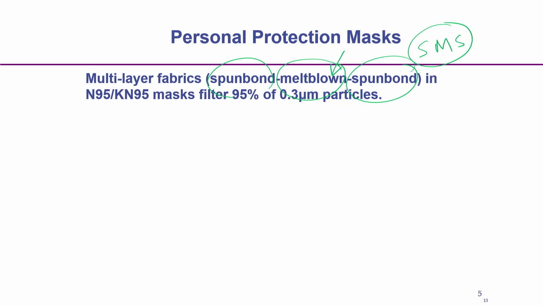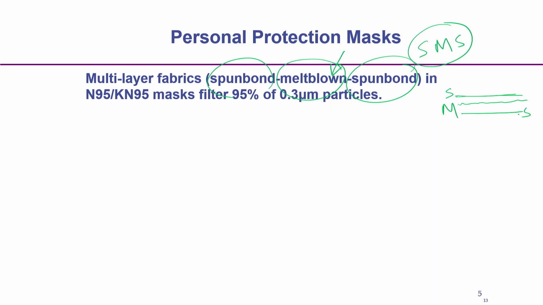So, multi-layer structures. This is the spun bonded, this is the melt blown, and again spun bonded.